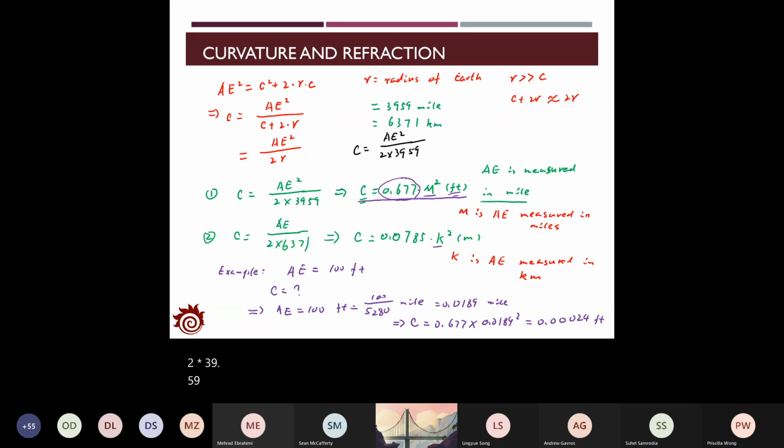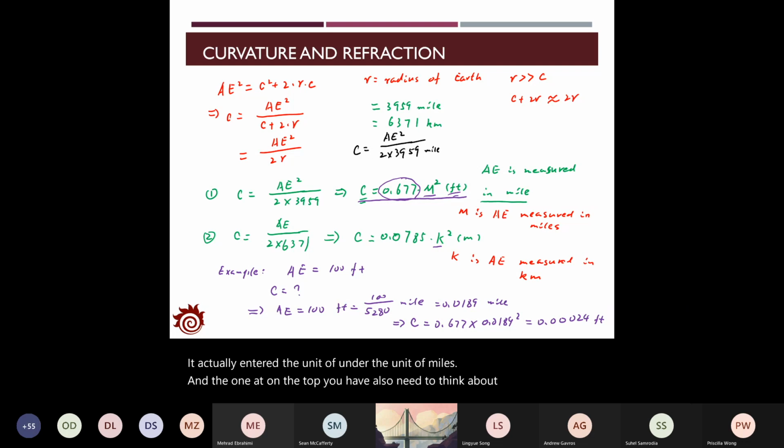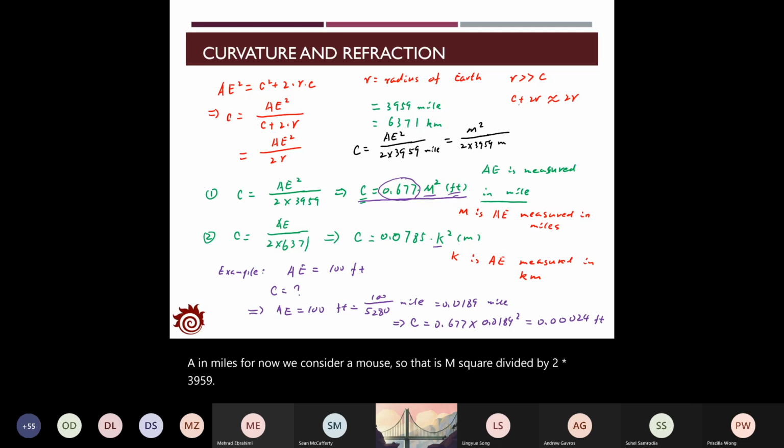The one at the bottom is in units of miles, and for the one on top, we also need to think about what unit we have to consider. Say that we consider AE in miles. So that is M squared divided by 2 times 3959, and this is in miles.